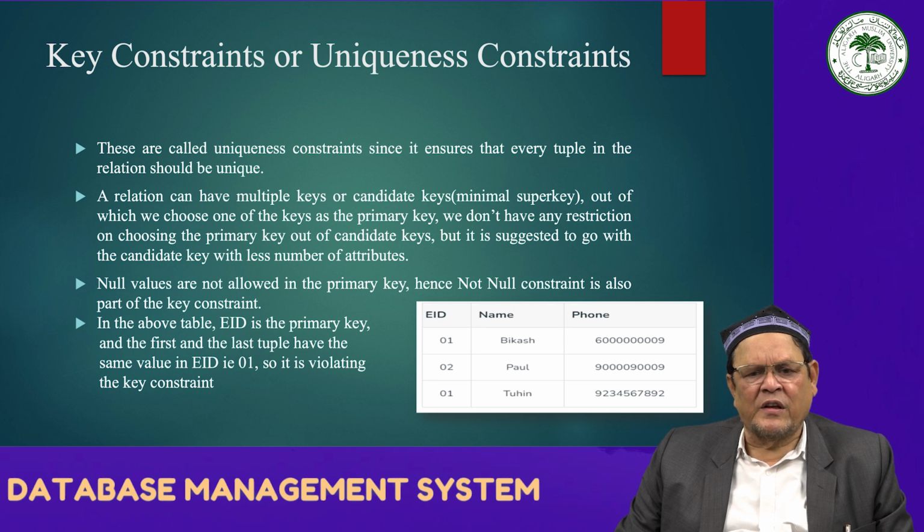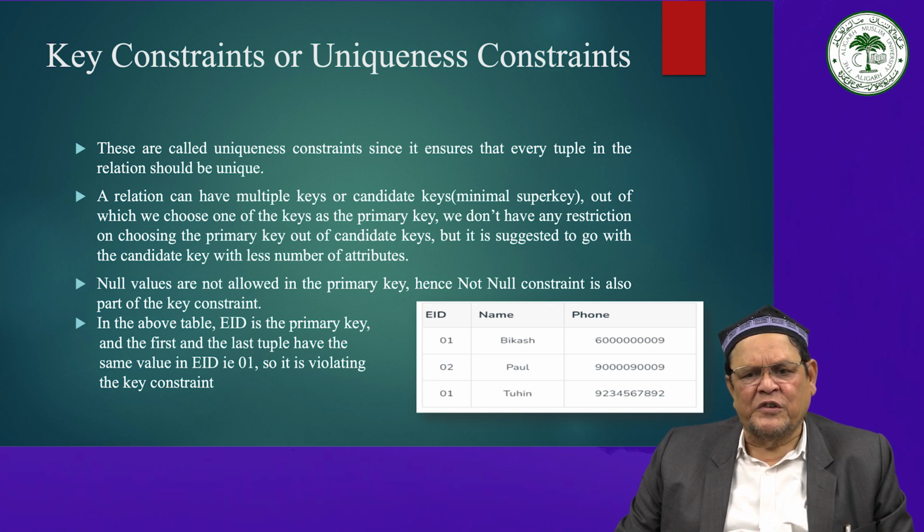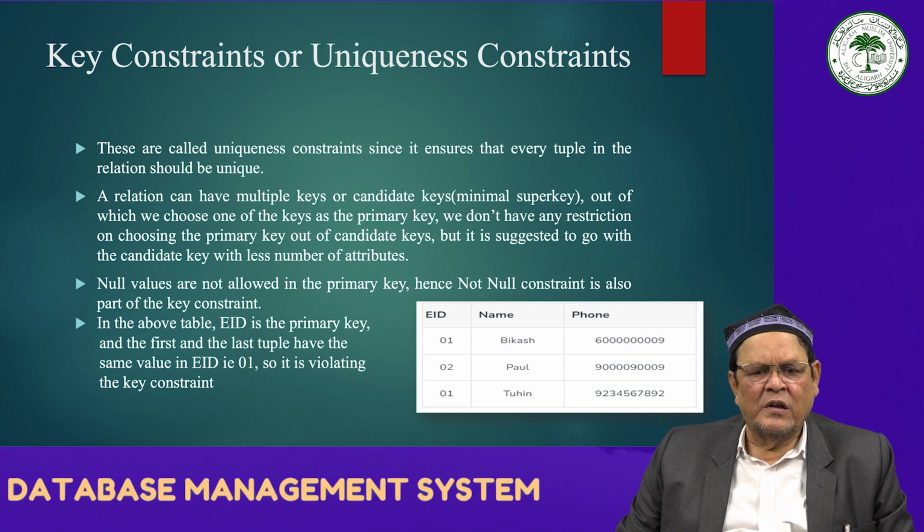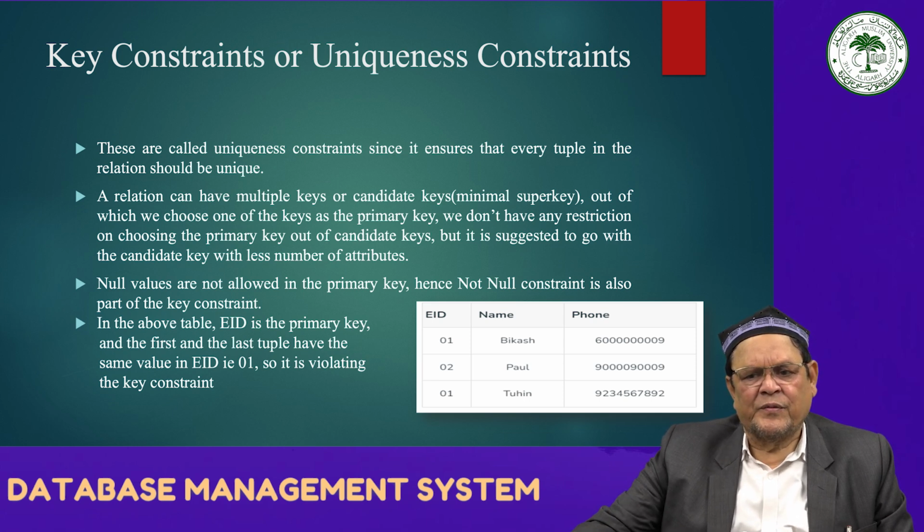A primary key constraint is a type of key constraint that uniquely identifies each record in a table, ensuring that no two records have the same value for a primary key attribute. It serves as the main identifier for the table and facilitates efficient data retrieval in a relational database.